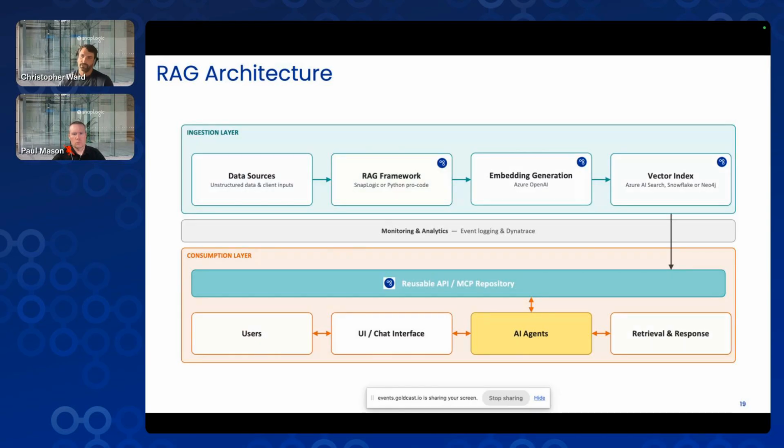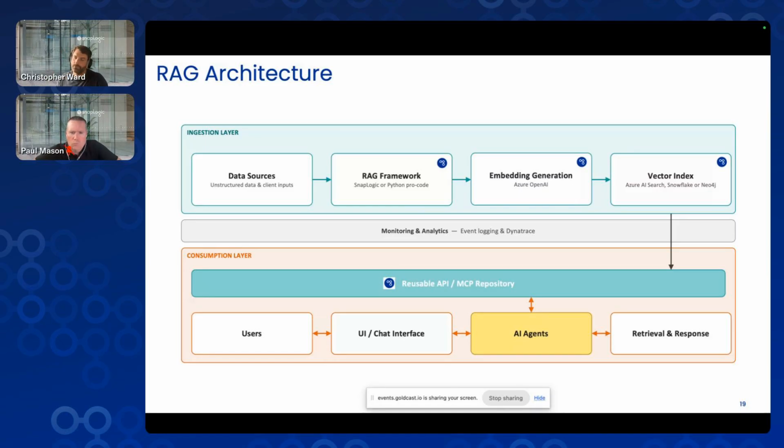So the reference architecture that we've delivered, I'm about to show you, but part of this is really 3 layers. So thinking about the ingestion of the different data sources, a multitude of different backend systems and data structures, having that feed into a RAG framework that caters for the different data types, creating the embeddings for the vector index to then store that intelligence.